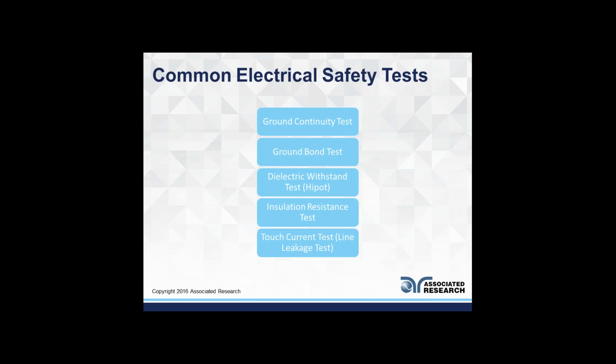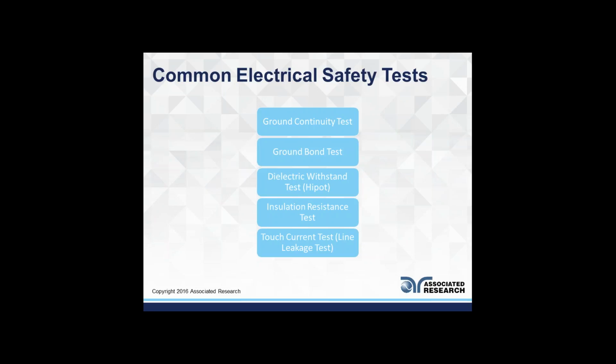We'll also look at what's called the insulation resistance test, also known as an IR test. In an insulation resistance test, you're getting an ohmic value for the resistance between your live conductors and your protective insulation. And we'll also look at touch current testing.